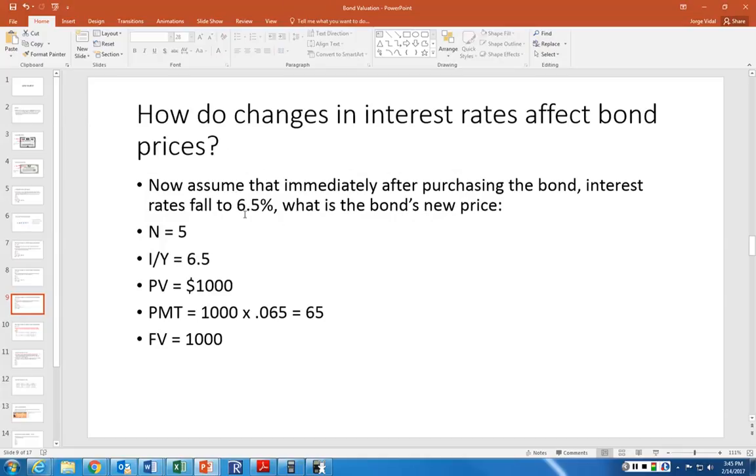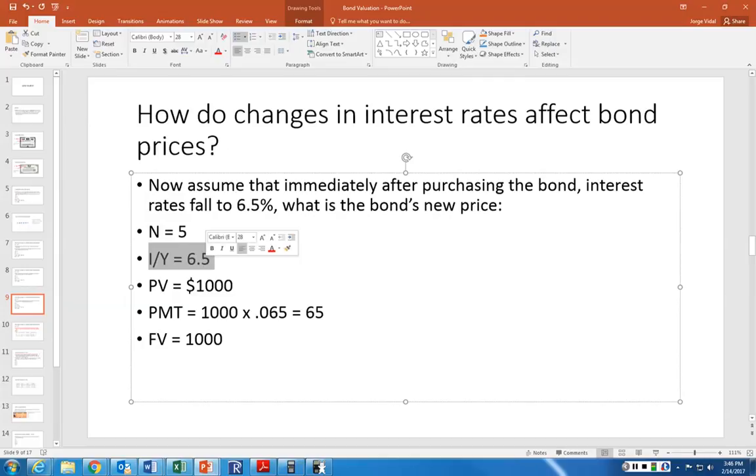And in this one, rates fall from 8% to 6.5%, and the coupon rate on this bond is also 6.5%. So what's going to happen? When the YTM, or the rate, or the discount rate, in this case 6.5%, is exactly equal to the coupon rate, which is 6.5 as well, the bond price will be 1000.